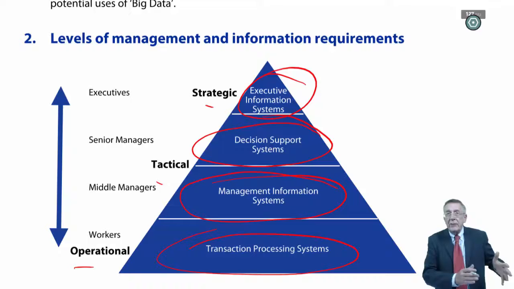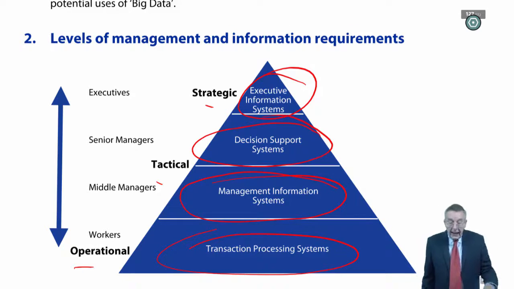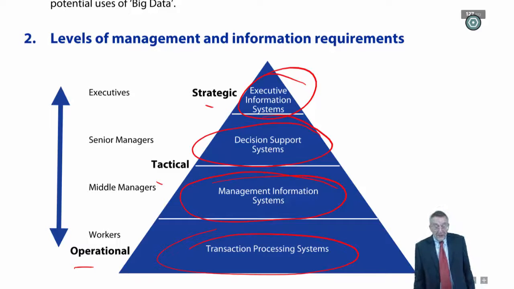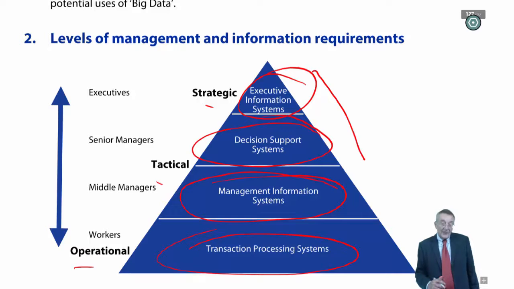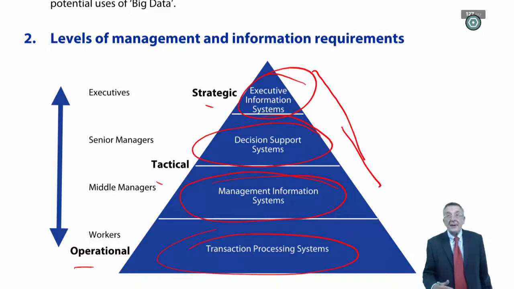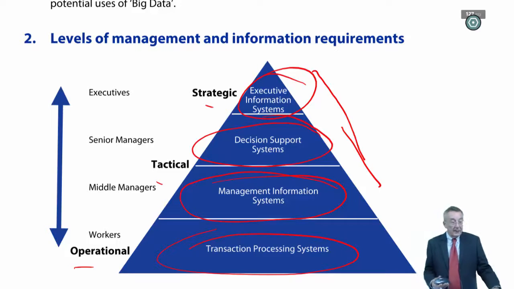I need specific information, which is not routine. Nowhere on there are expert systems. They tend to be either strategic or perhaps a bit more tactical, where this encyclopedia type knowledge can be useful.